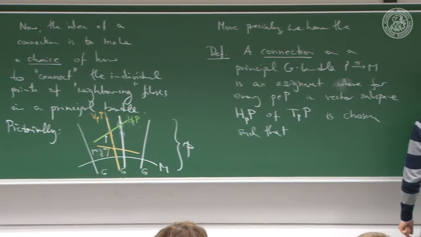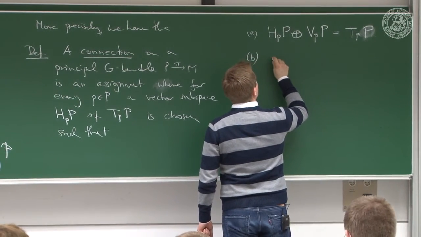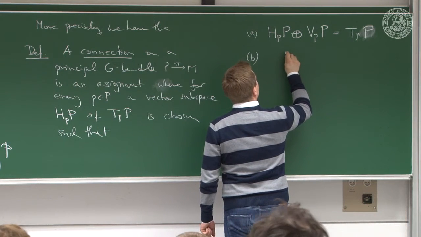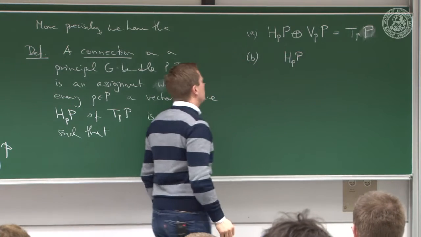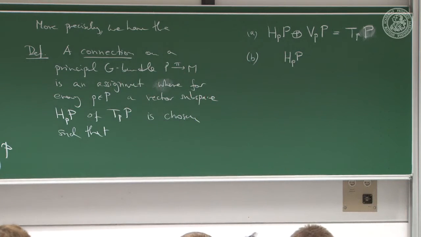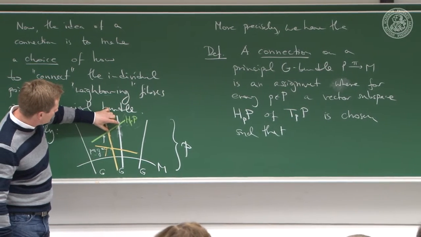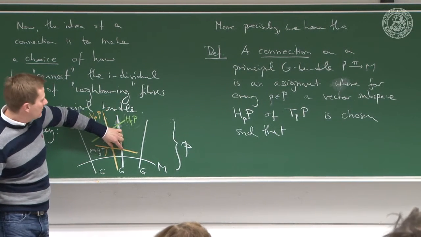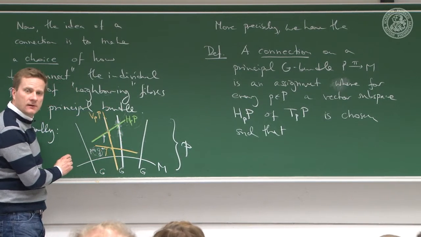And there the idea is that if I act, so let's say I take any element of this horizontal subspace at this point P, how can I relate vectors that lie in here to vectors that lie in here? Well, I go from here to here by the right action of the group.